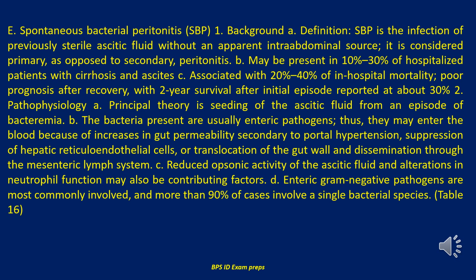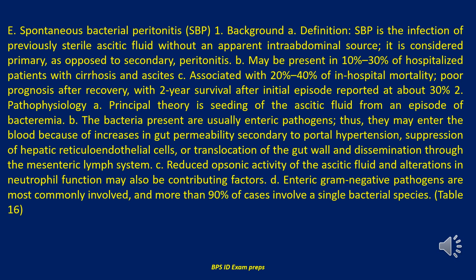Regarding the pathophysiology of SBP, the principal theory is seeding of the ascitic fluid from an episode of bacteremia. The bacteria present are usually enteric pathogens. Thus, they may enter the blood because of increases in gut permeability secondary to portal hypertension, suppression of hepatic reticuloendothelial cells, or translocation across the gut wall and dissemination through the mesenteric lymph system.